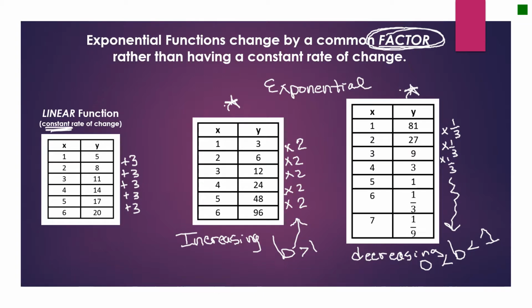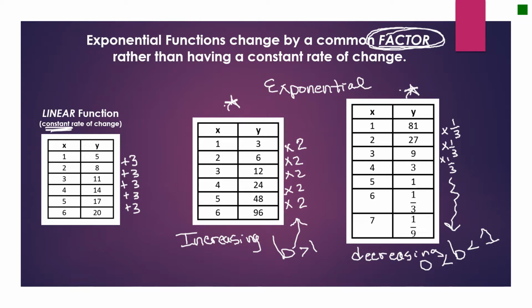So now, as we start talking about exponential functions, it isn't a constant rate of change that they have. You can easily see that right here on this function, that from 3 to 6 it changes by 3, then it changes by 6 to get to 12, then it changes by 12 to get to 24, and it starts going up dramatically.